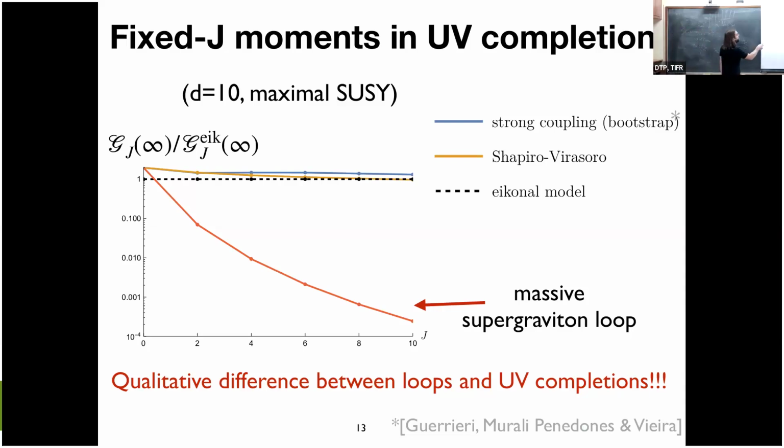The other thing you see is that the things we can calculate from field theory techniques, like the massive supergraviton loop, are completely different. This is a log scale. They completely fail at getting anywhere close to the budget at large spin. If I take S on this curve, J is where?